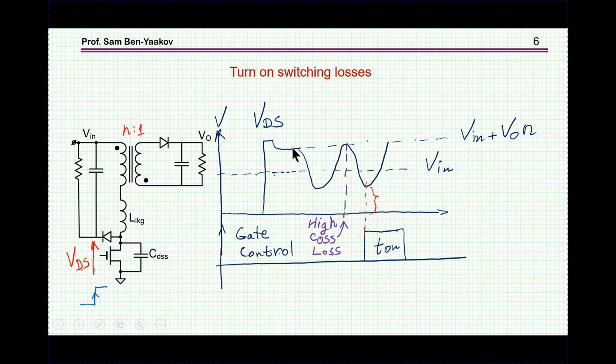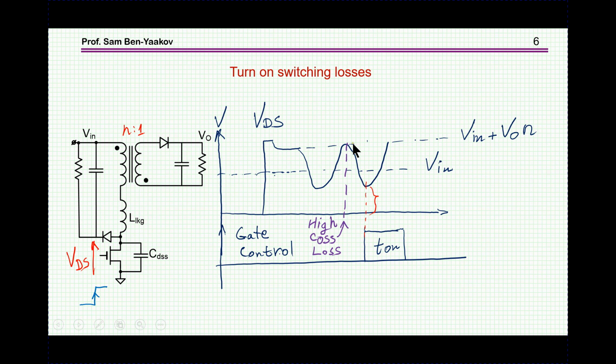And then at the end of the current, that is when the current goes down to zero at the secondary, we would have oscillation here because we have an inductance and a capacitance, so this is an oscillation circuit, a resonant circuit. Now, at a given time, we are turning on this transistor again. This is the next cycle. Now, we can turn it on here, or turn it on here. This will be a nice place to turn it on.